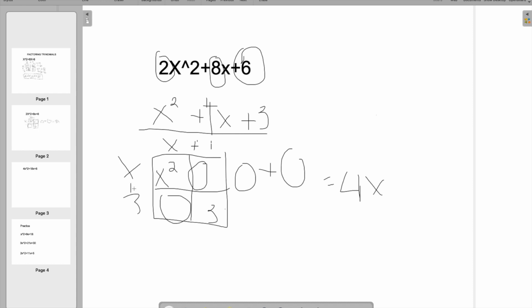And then we're going to try out 1 and 3 because 3 is a prime number. So 3x, and then x times 1 is x. So we're going to write x. And if you add 3x and x, it equals 4x.